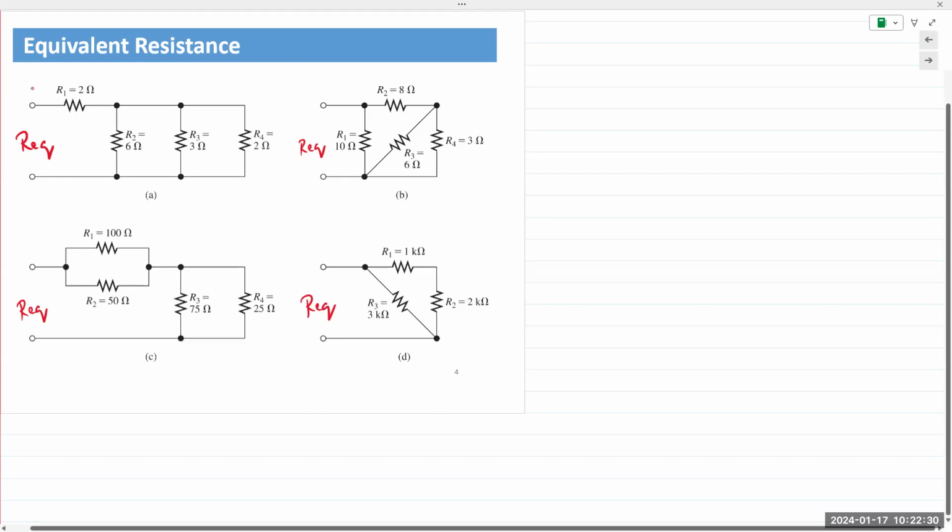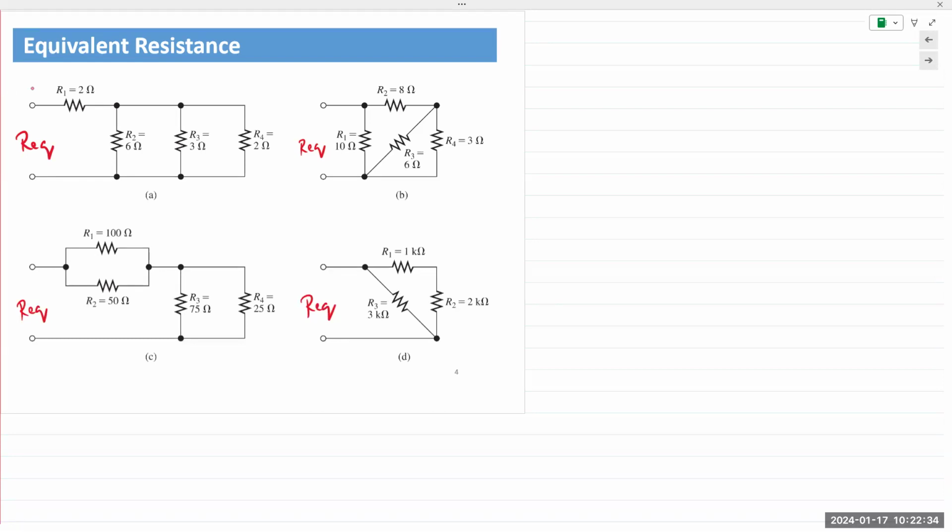Keep in mind that REQ for the same circuit will be different from different measurement terminals. Actually, let me come back to that point after I finish this first example. Okay.